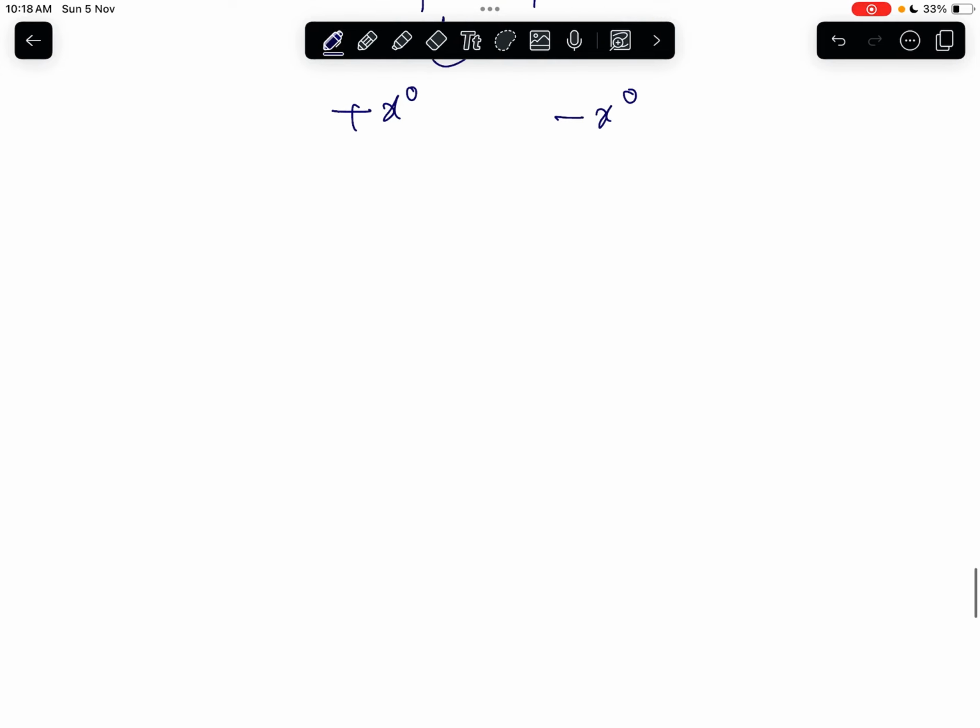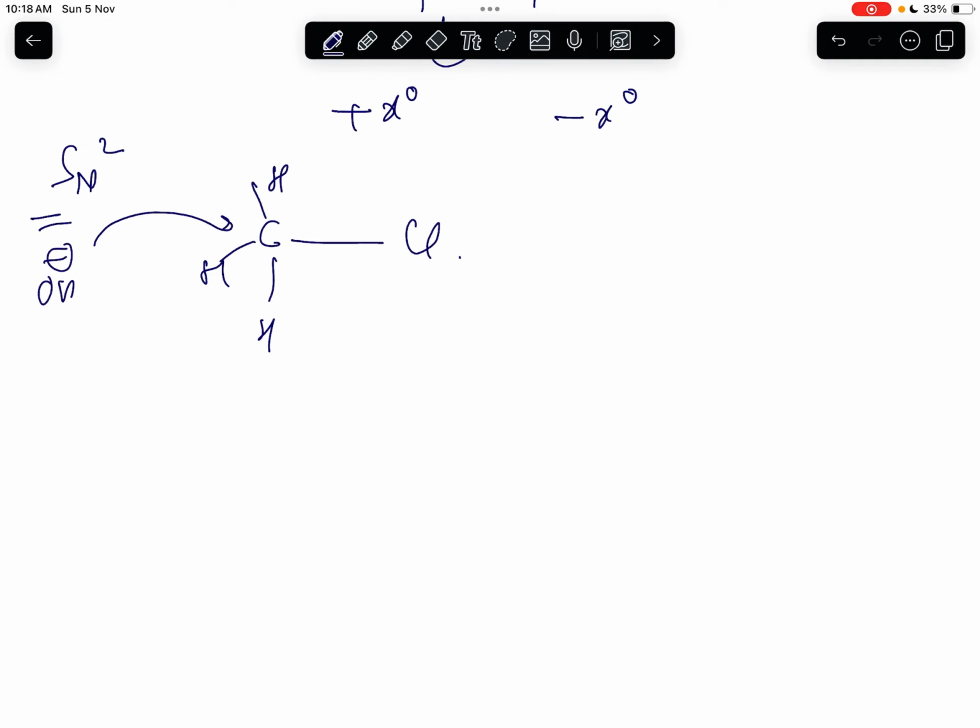Suppose for the case of SN2, this is a 1 degree alkyl halide and this nucleophile is approaching. So the hydrogens are toward the OH group, but during the transition these groups go away from the OH.